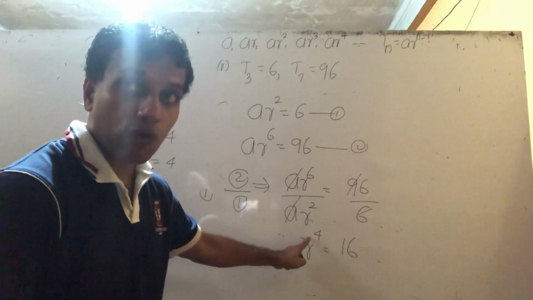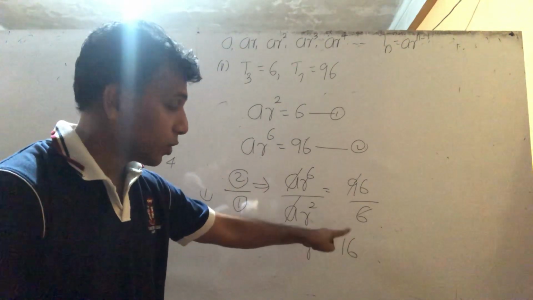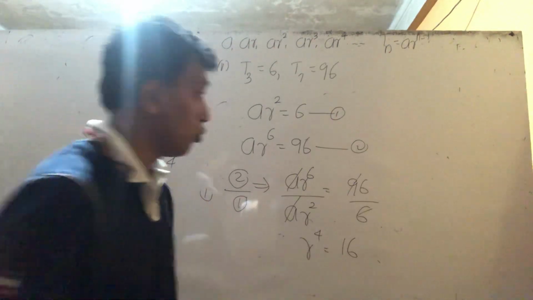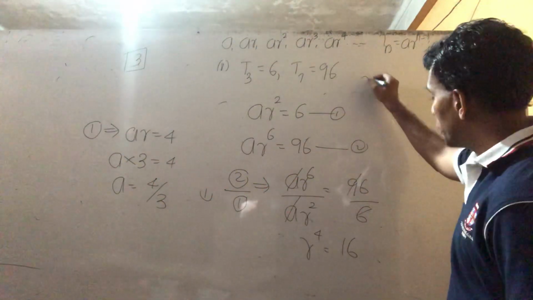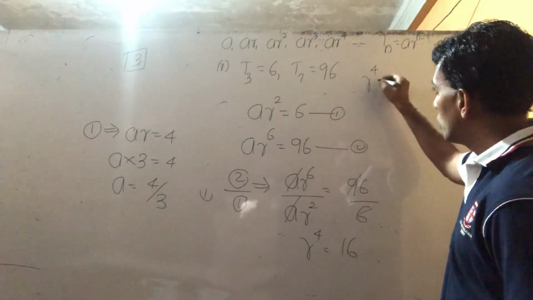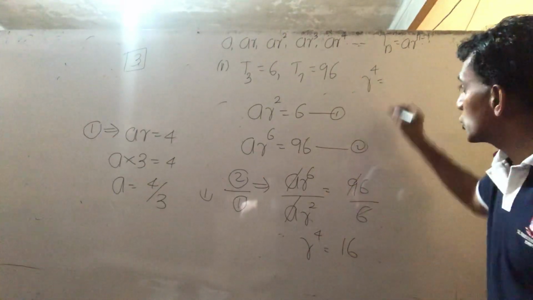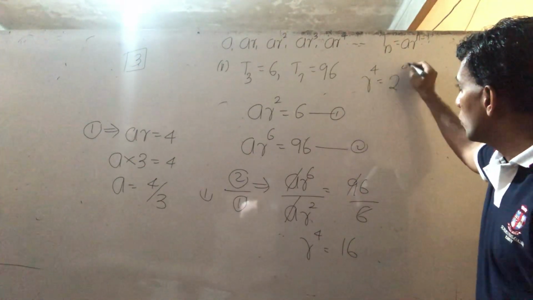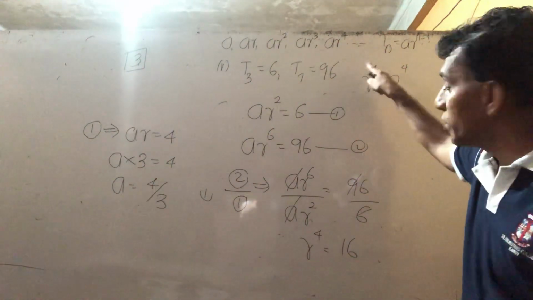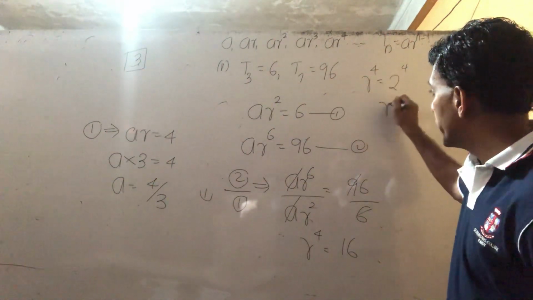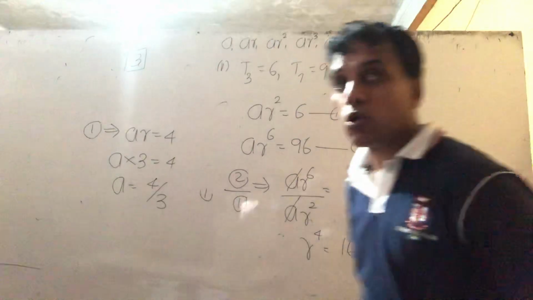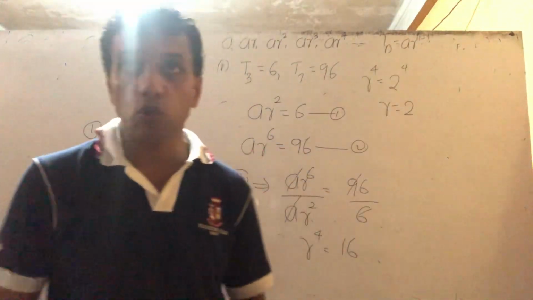Here the power is 4, therefore show that also as a power of 4. So R to the power 4. Write the 16 as 2 to the power 4. Therefore both sides' powers are equal, bases equal. Common ratio R equals 2.